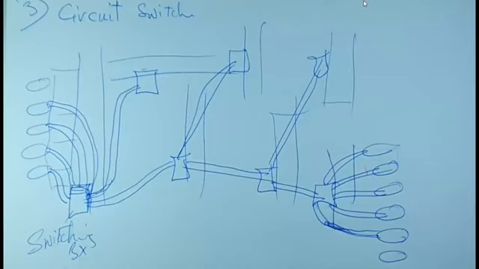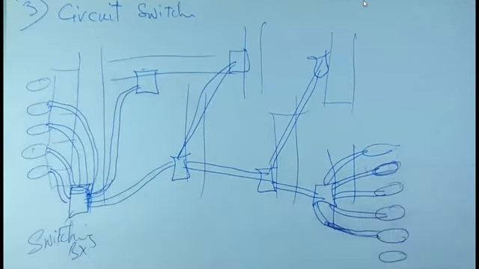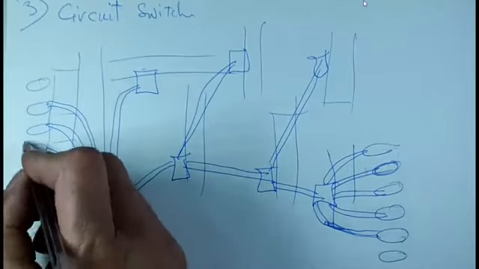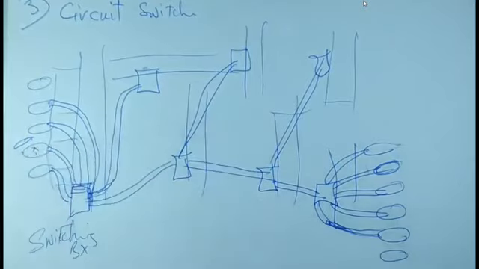If you want to call somebody, if this phone here wants to communicate with that phone, it needs to know the destination address, but in this case, a phone number. So you need to know the phone number of the other side that you want to call. And you pick up your phone, let's say this phone here, and start dialing the number.